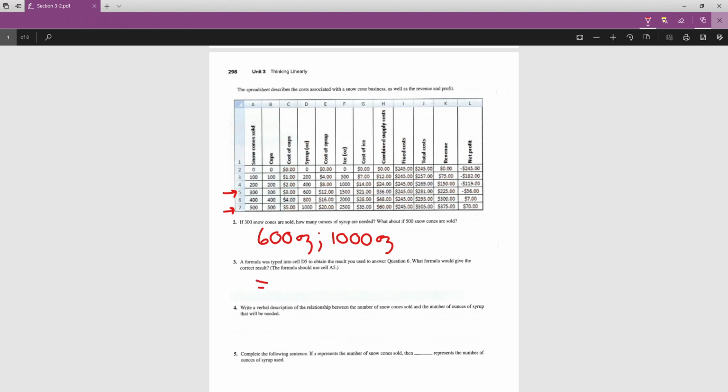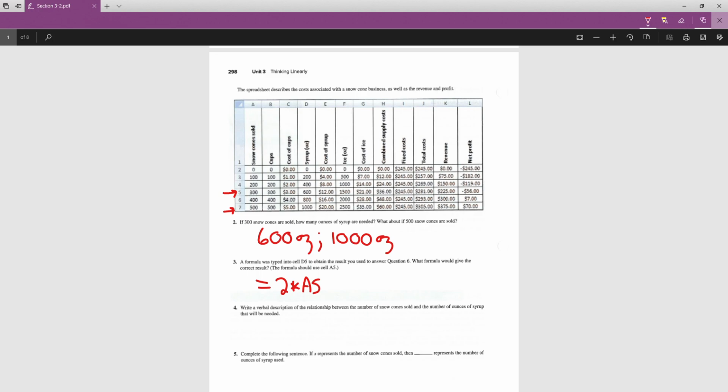So when I had 300 snow cones, I needed 600 ounces of syrup. When I had 500 snow cones, I needed 1,000 ounces of syrup. I am taking 2 and multiplying by the number that's typed into cell A5. That will give me the formula for every amount of snow cones used.